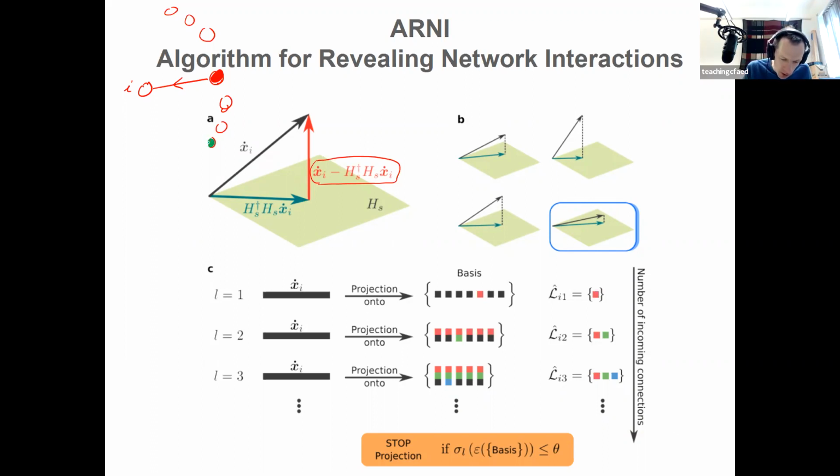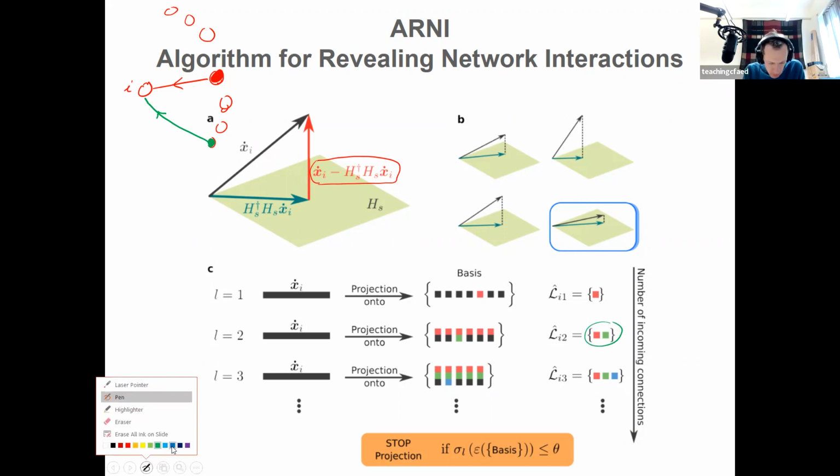So you keep the green and you say, okay, the red and the green is now my new best set. And then you again project out the contribution by this pair, the first and the second, and you ask which of the remaining ones is best explaining the remaining difference. And then it turns out, okay, that's the blue one. And then you say, maybe there's a blue connection here. And you get to that one.